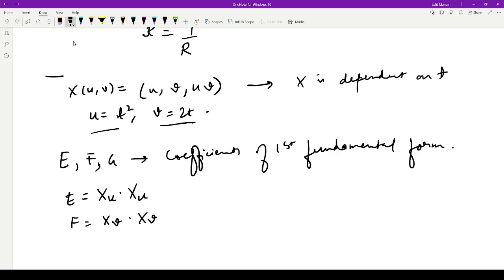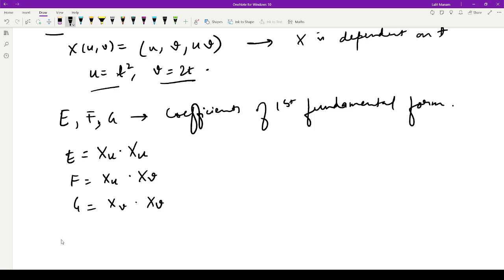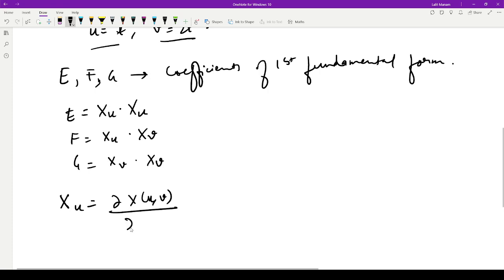F is xu dot xv. G is xv dot xv. What do you mean by xu and xv? xu is the partial derivative of x with respect to u.